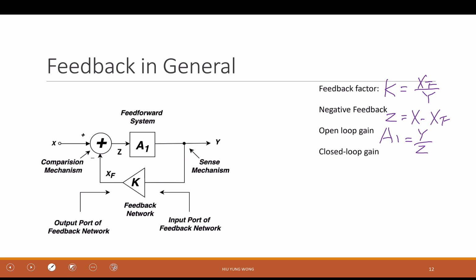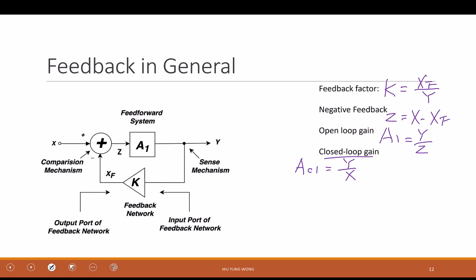But now we care about the overall feedback system, right? Because I want to use this circuit for some purpose. What is the gain? We call it the closed loop gain. And this is defined as ACL equals Y divided by X. Because my true input is X, my true output is Y.